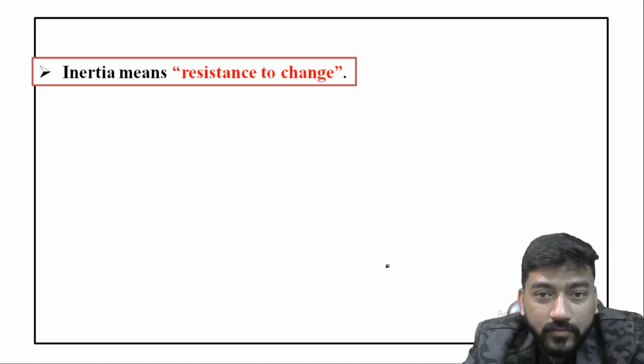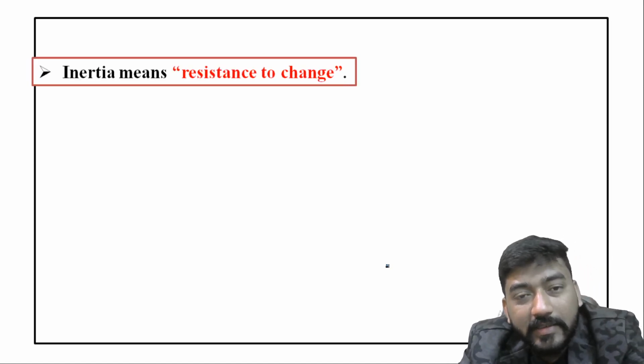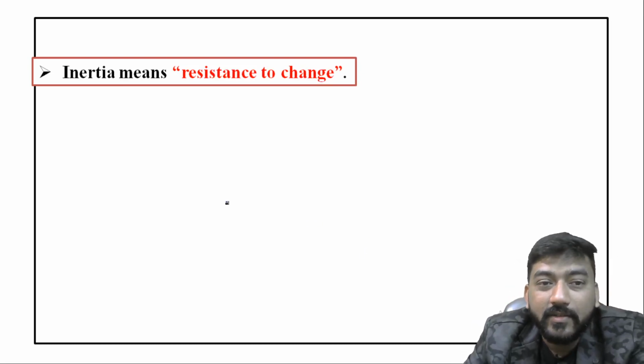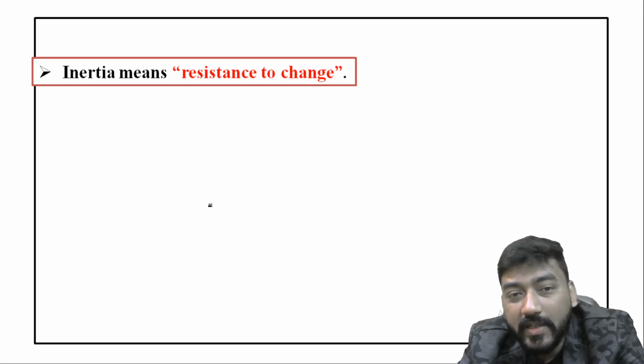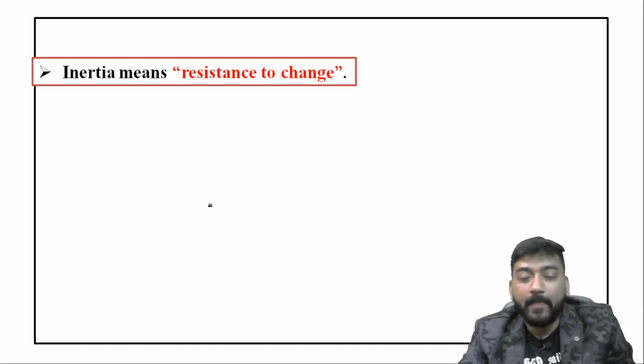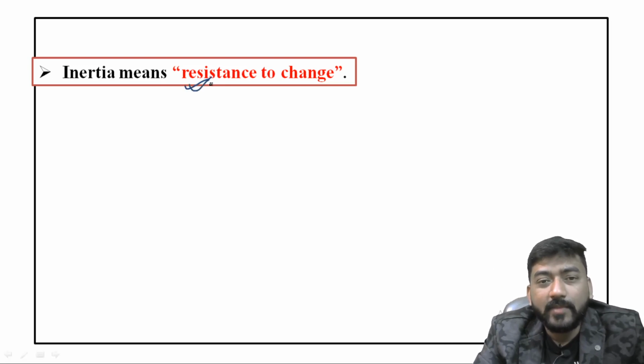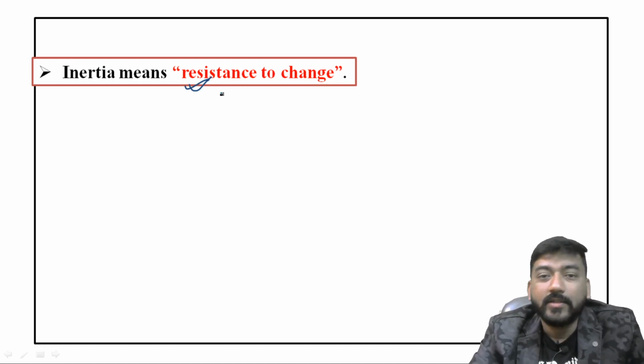You can describe inertia in another way also: it is just a resistance. Inertia means resistance to change. Maybe you have heard the term resistance in the electricity chapter in your earlier classes, but resistance actually means something opposing.